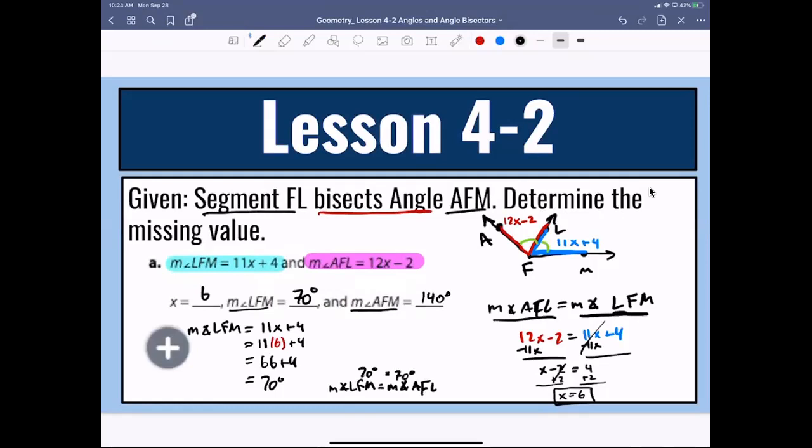And the measurement of angle AFM is equal to the measurement of angle LFM plus the measurement of angle AFL, that's going to equal 70 plus 70, which is going to equal 140 degrees. That's how you show your work.